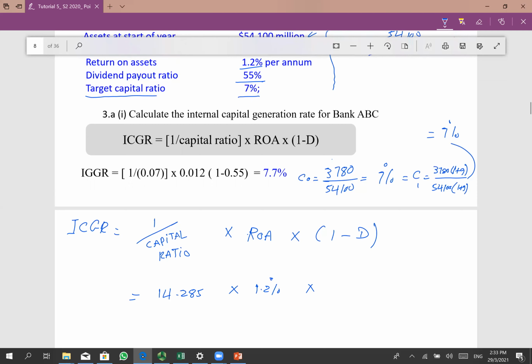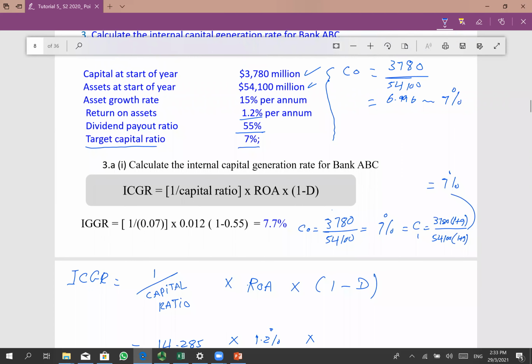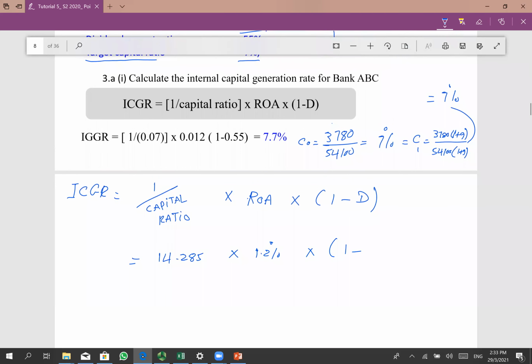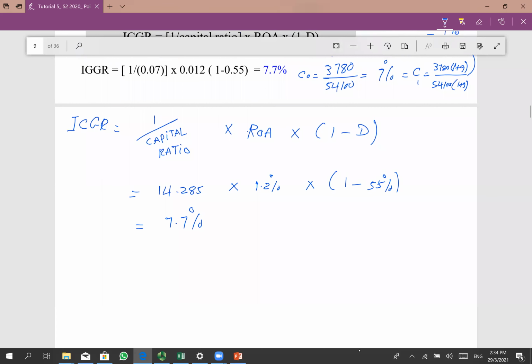Times 55%, 1 minus 55%, which is 45%. If I calculate this, this is 7.7%. What does it mean? It means my capital has grown by 7.7%, which means my capital, the 3,780 now, has increased by this.